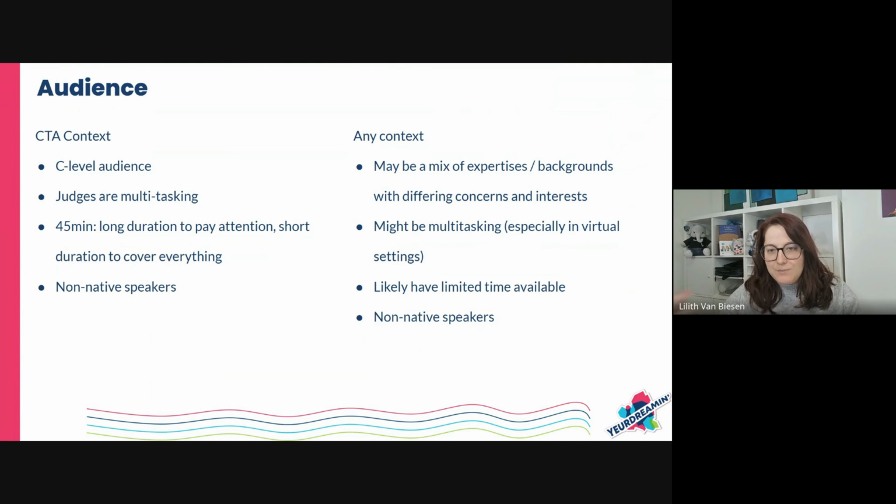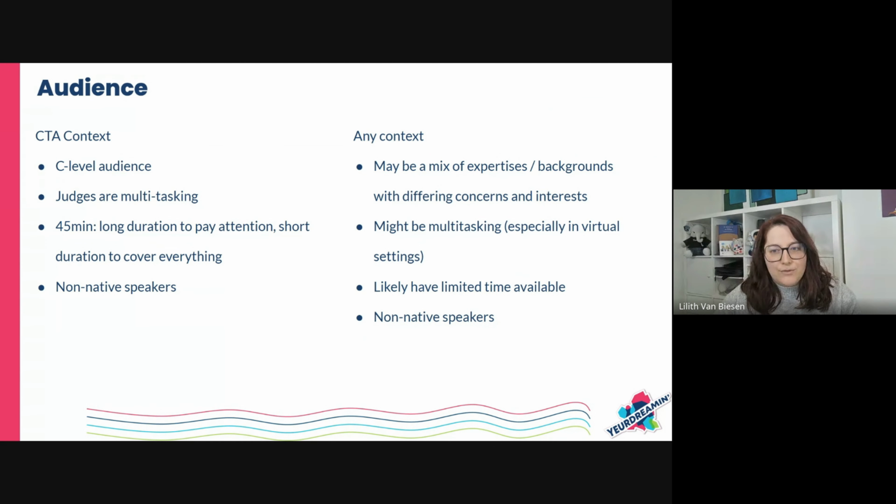So that's also something to keep in mind in the way that you construct your communication: to not look at this in a vacuum, not look at this in the best possible situation, but keep in mind that there might be some obstacles hindering the full story that you want to bring from being absorbed by the audience.